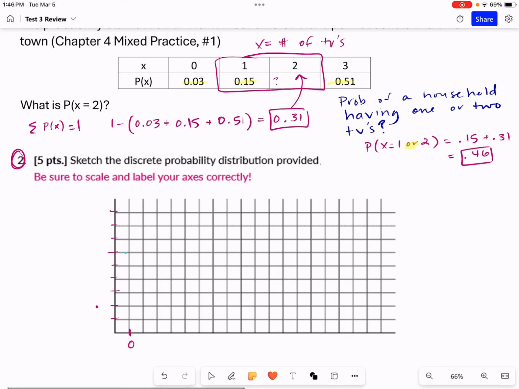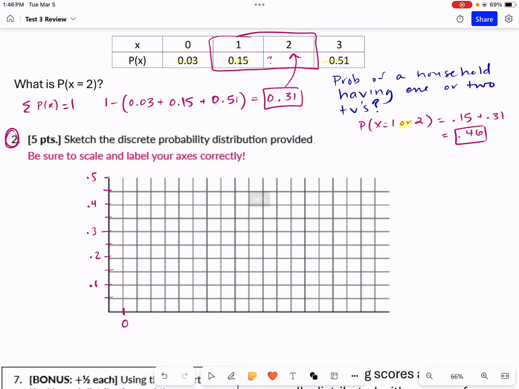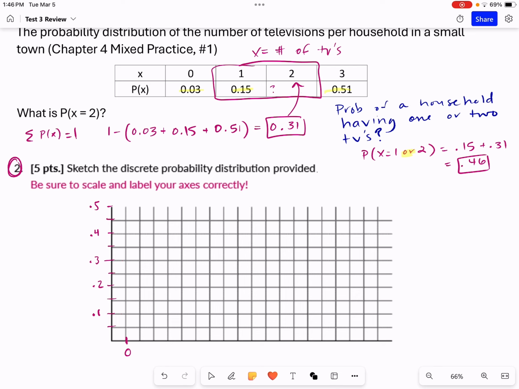I might let every other one. Since I just have to get 0.51, it's not too bad. There we go. Sorry about that. And so 1, 2, 3. Of course, I do want to label this as well. So this would be number of TVs.